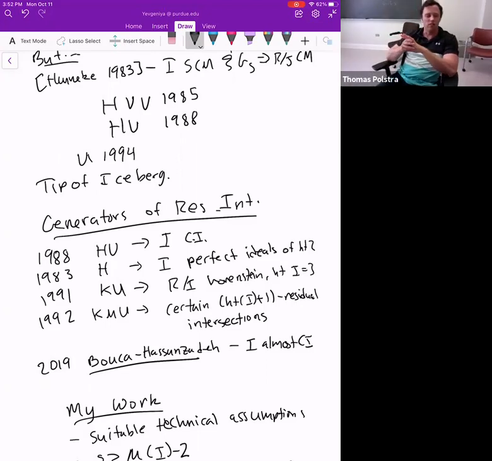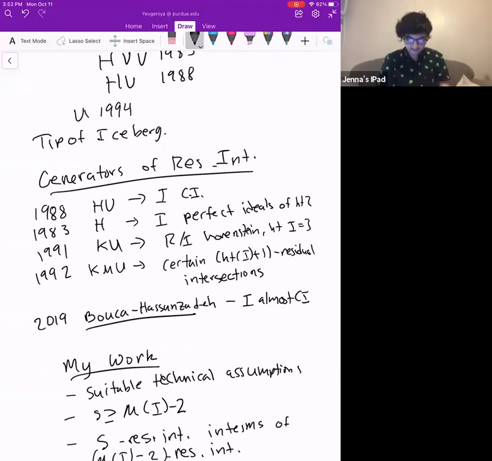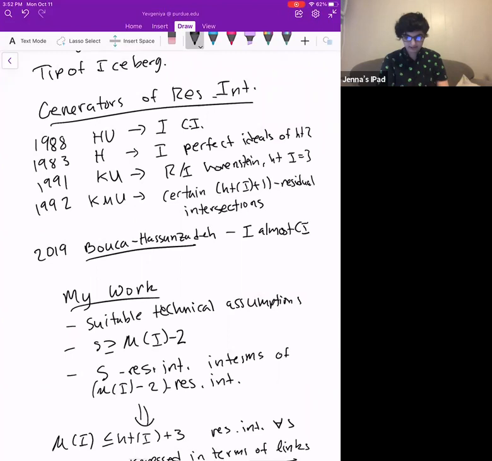Yeah, I guess I do have a question. Thomas, right, so you have these two nice results, expressing residual intersections as sums of links in some cases. But has anybody else done some other things of that nature? There's Boca and Hassanzadeh, which is sort of that nature.